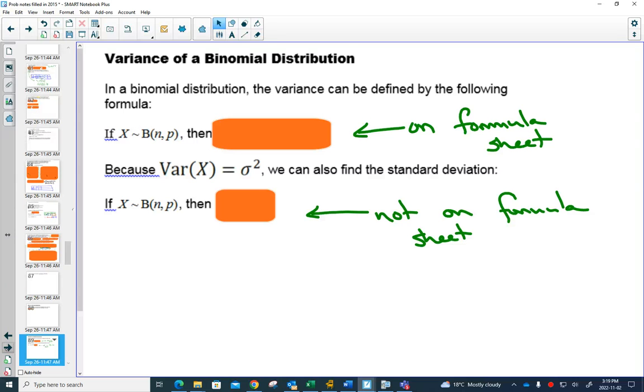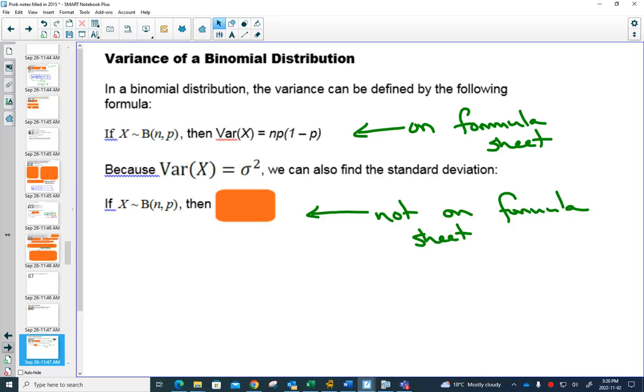We can also find, and now we start to connect to our statistics unit, we can also find the variance of our binomial distribution. And it is also a really simple formula. You just take your probability of success, your probability of failure, and the number of trials.